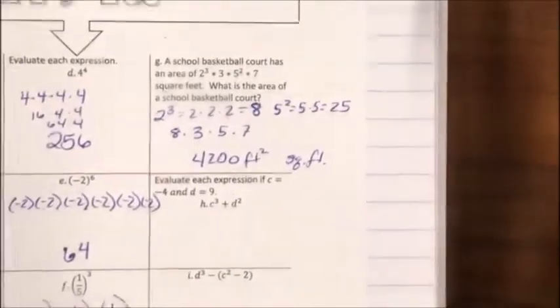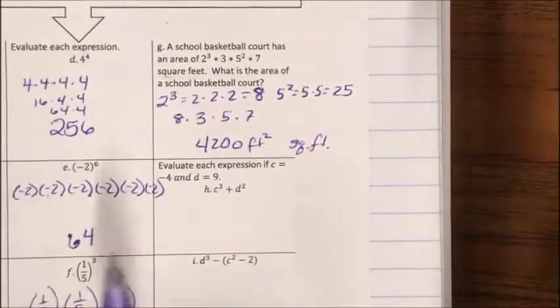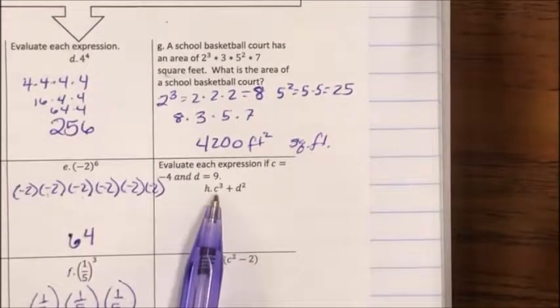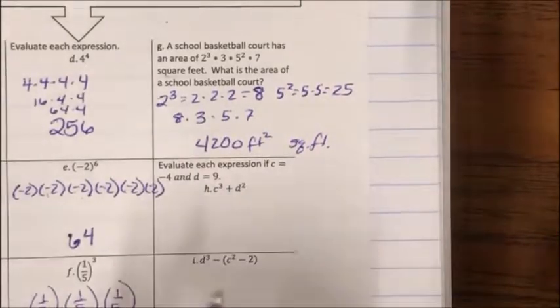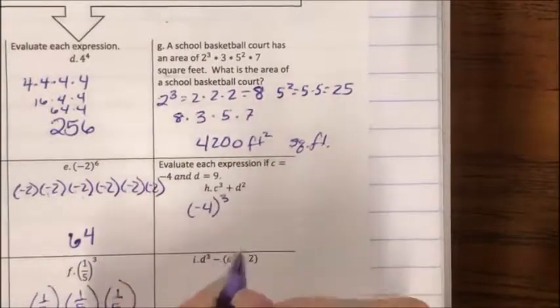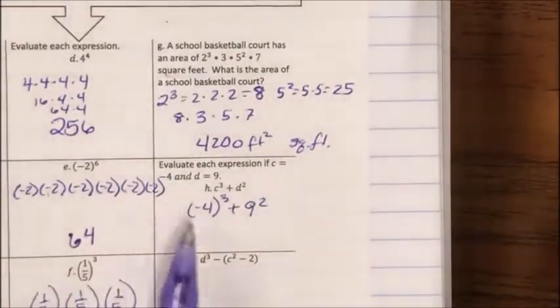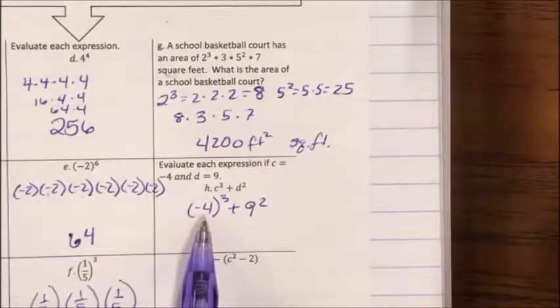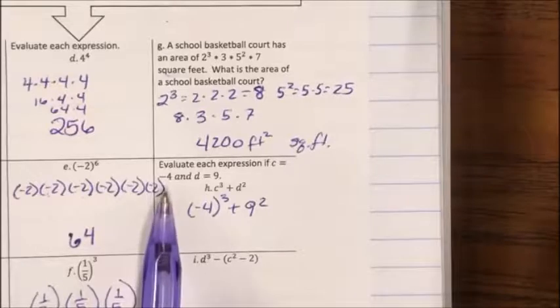The next one tells me evaluate each expression if C equals -4 and D equals 9. So H tells me C cubed plus D squared. So I'm going to plug in -4 for C and 9 for D. Notice I put the -4 in parentheses because that's what C is, -4, right?